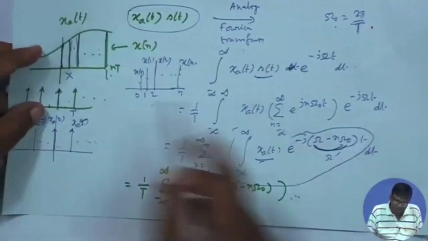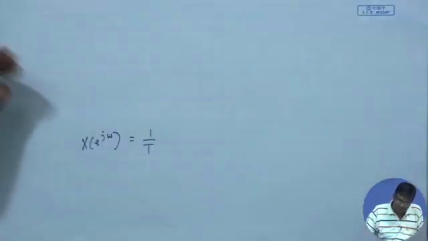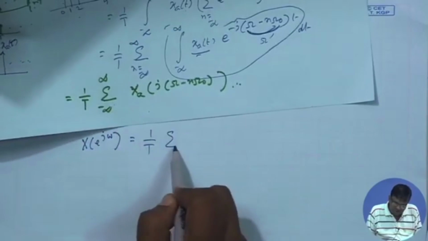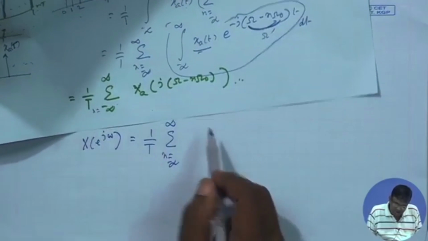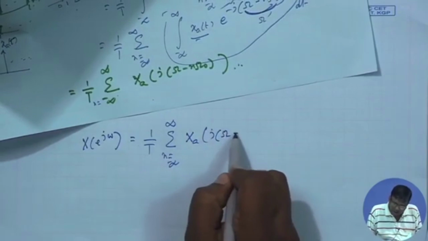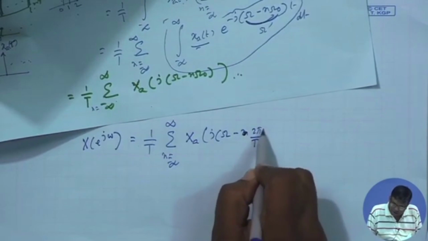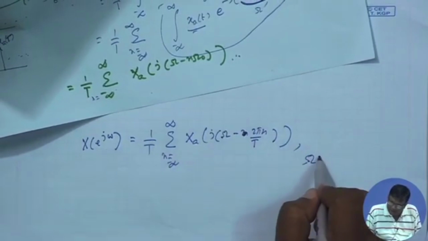So if you take the samples and take their discrete time Fourier transform at a frequency small omega, that is the same as the sum over n from minus infinity to infinity, there should have been an n here, of capital X, the analog Fourier transform, at j times capital omega minus n omega naught, which is 2 pi by T. So you can write 2 pi n by T, where this capital omega and this small omega are related like that.